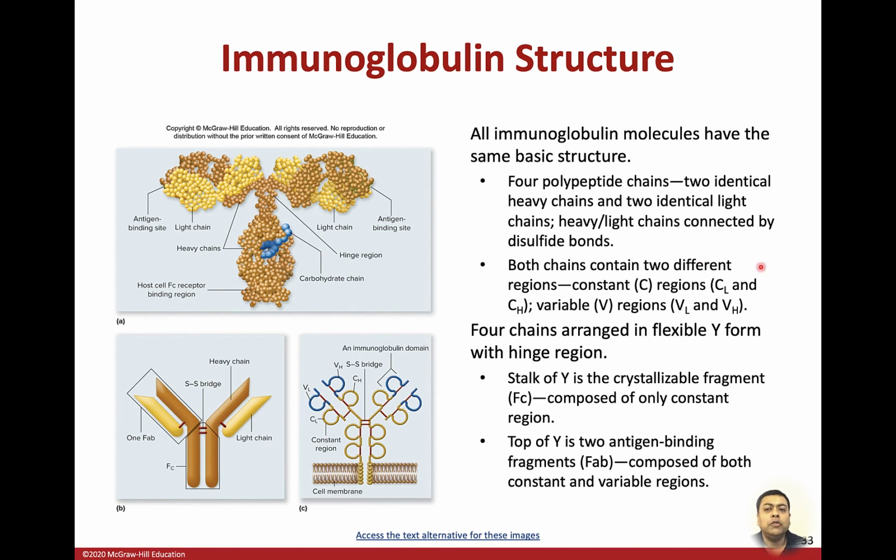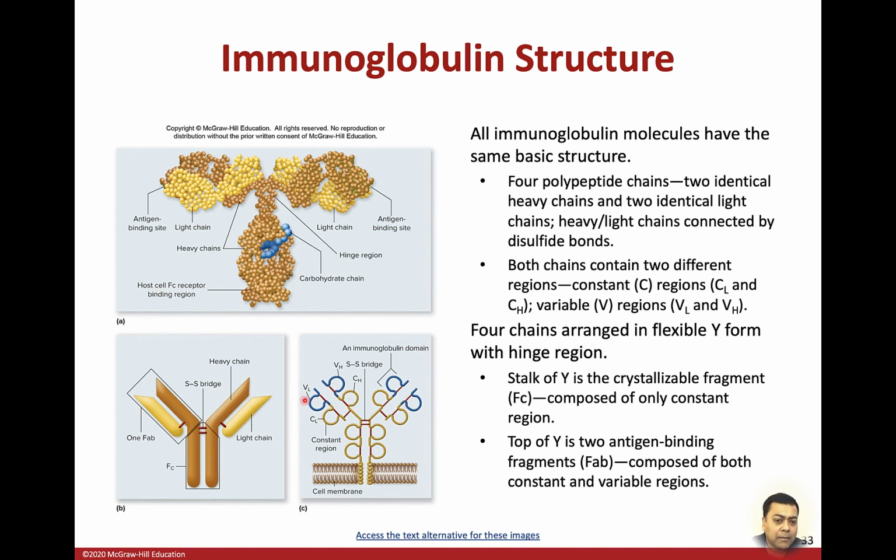Also, both chains contain 2 different regions, a constant C region, which is constant light and heavy. And again, if we just see that, this is your constant light and heavy. And right here, if you carefully look, this is your constant heavy. This is your constant light. So all the blue parts are the variable regions that we talked about, the V regions.